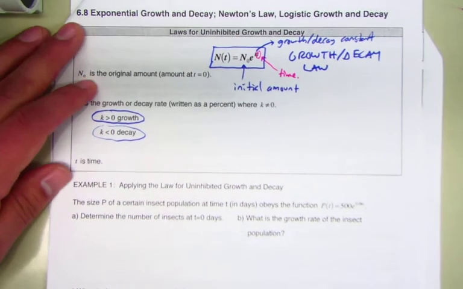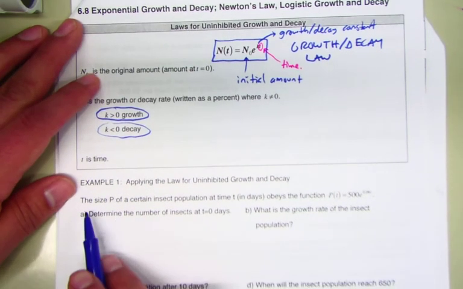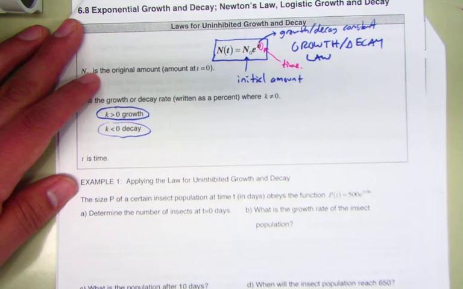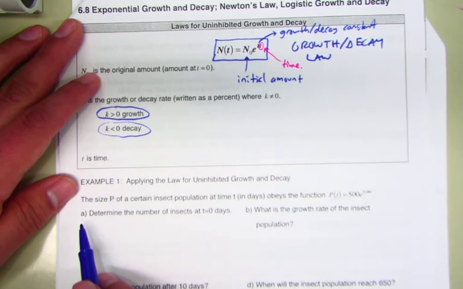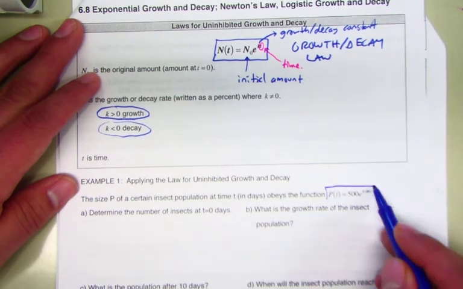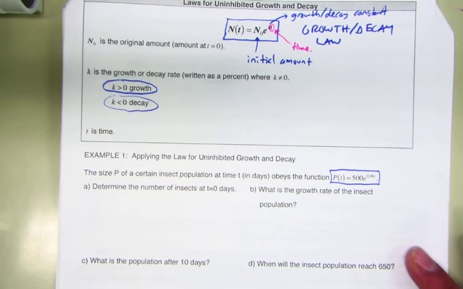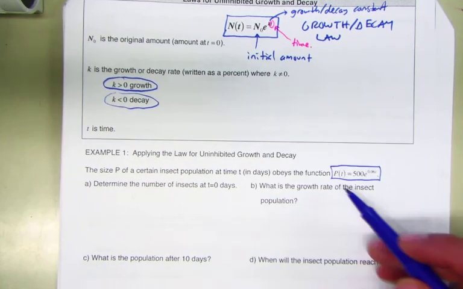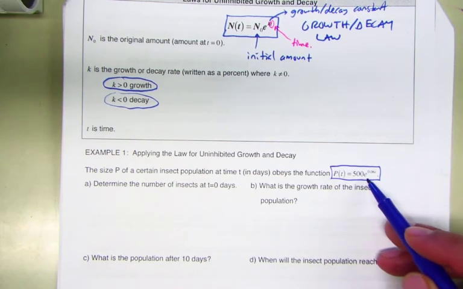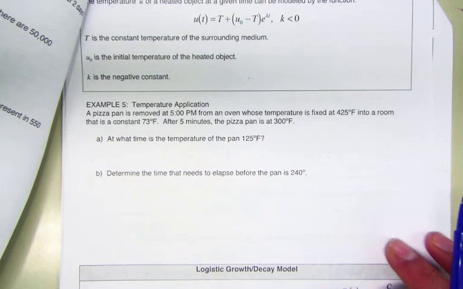So let's look at this function here. That was nice of them. They gave you the formula. Can you guys see that? Well, you got it in front of you, right? 500 e to the 0.06t.